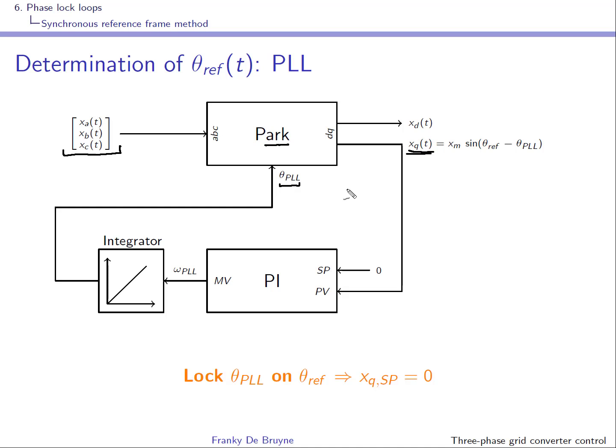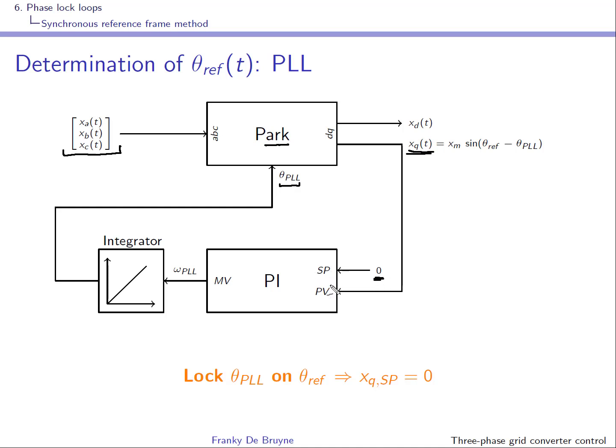And this we're going to do with a PI controller. The PI controller is going to look at the error signal, XQ, and its goal is to make sure that this XQ component, which is a measure of the error, is controlled to 0. So we'll use here a set point of 0.